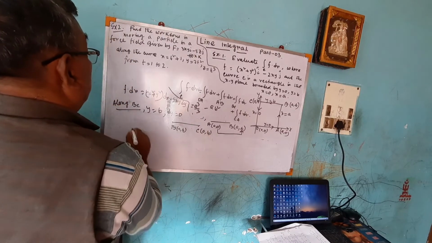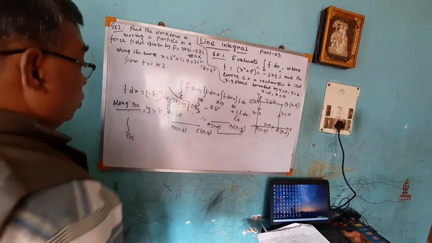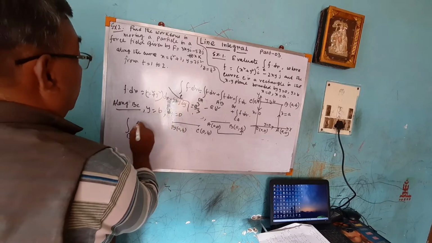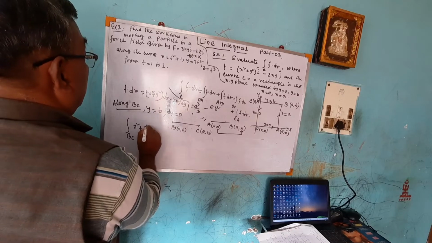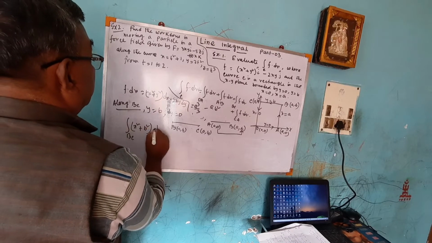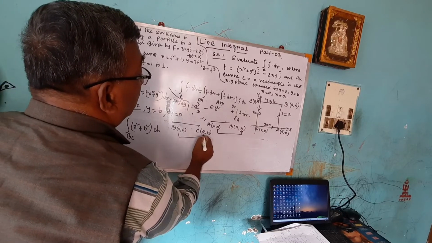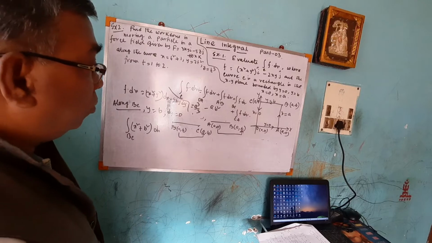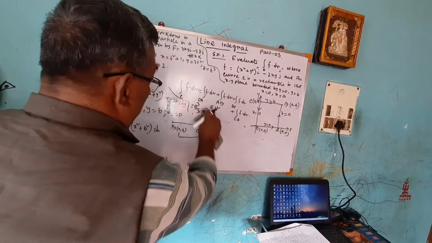So now tell me integration along BC, dy is 0, so this part is 0, so x square plus y square is b square into dx. So we have to take x coordinate, that is a to 0.